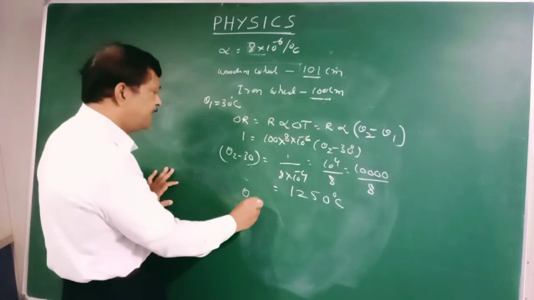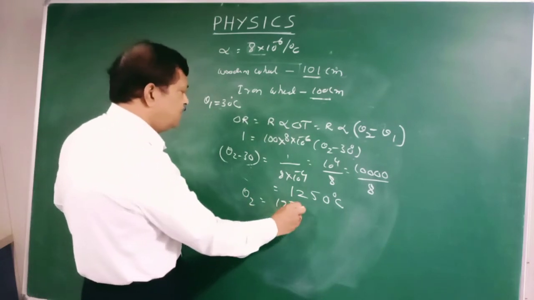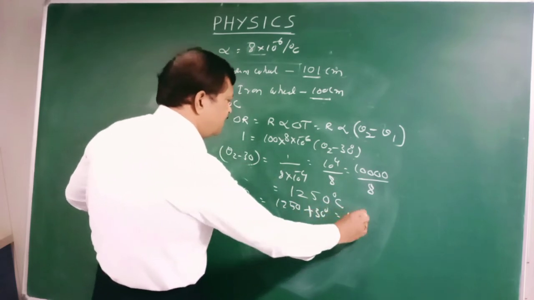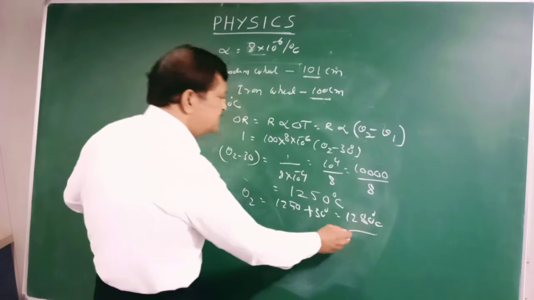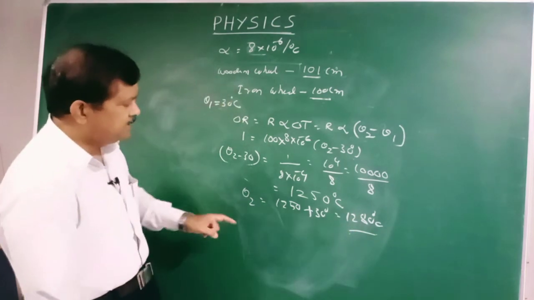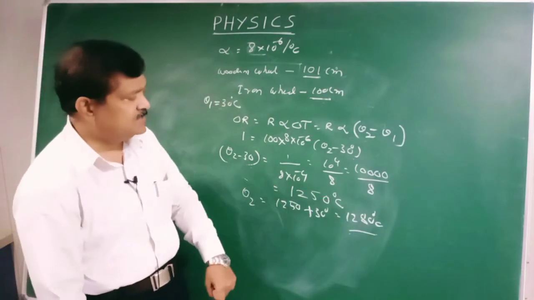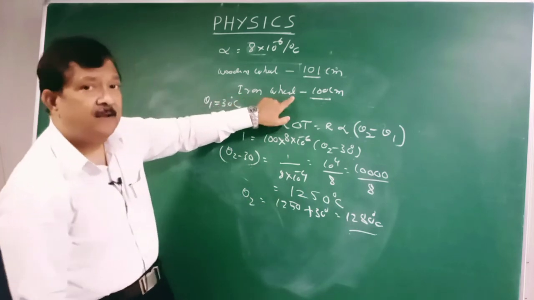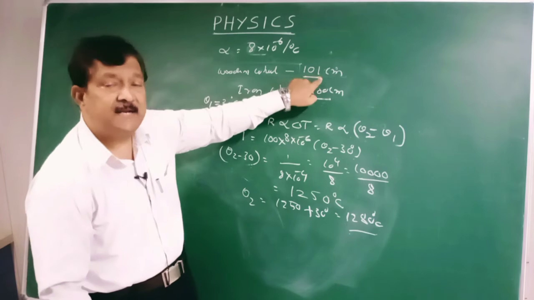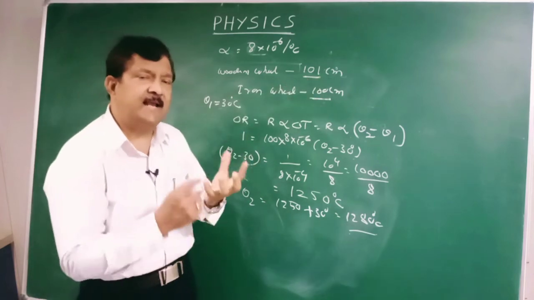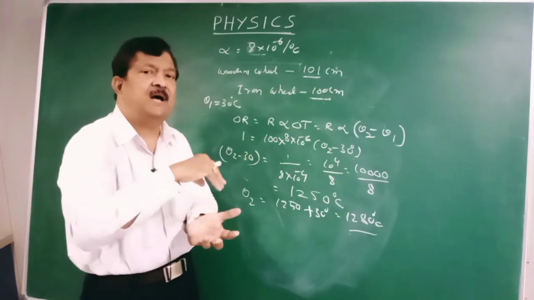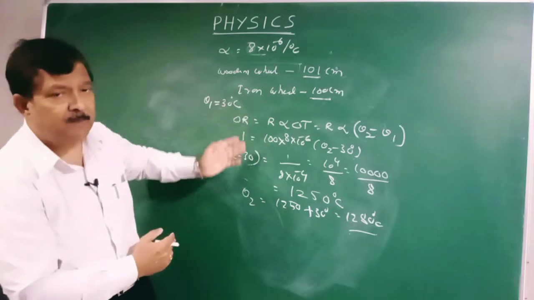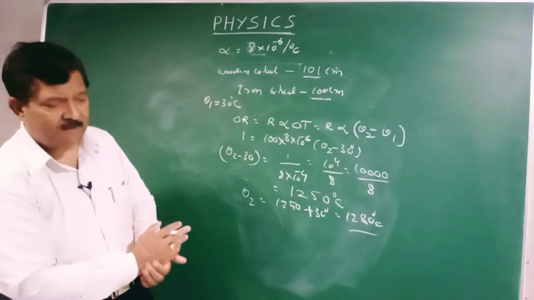So the final temperature theta 2 equals 1250, bring this 30 to the other side, so it becomes 1280 degrees centigrade. So at this temperature, theta 2 equal to 1280 degrees centigrade, the radius of this iron tire increases to 101 centimeter, so that the wooden wheel can be placed exactly fitting into the iron tire. So this is another important numerical application.